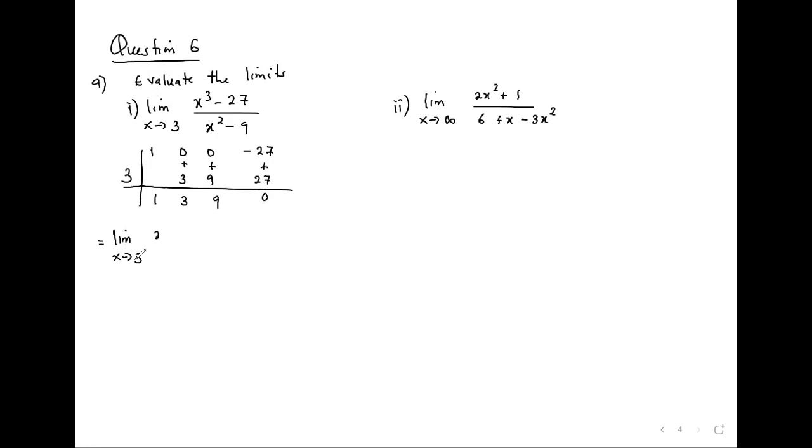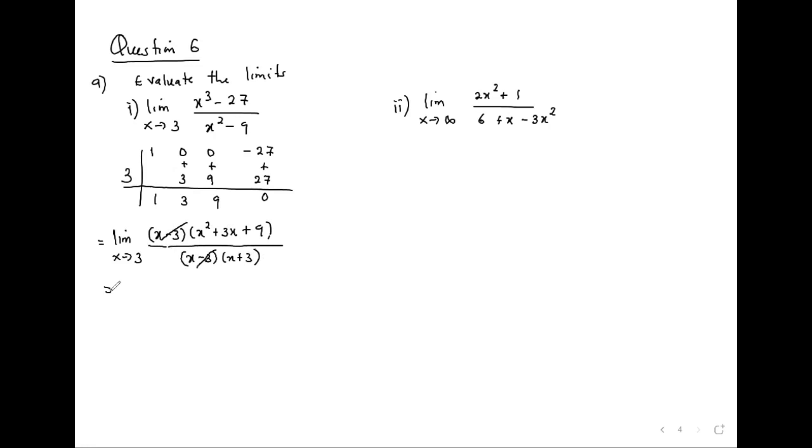Then you can write this limit as x goes to 3. The numerator can be written as the product of its factor and the quotient, and then divide by x squared minus 9. That's a difference of two squares, so x minus 3, x plus 3. Then x minus 3 goes.